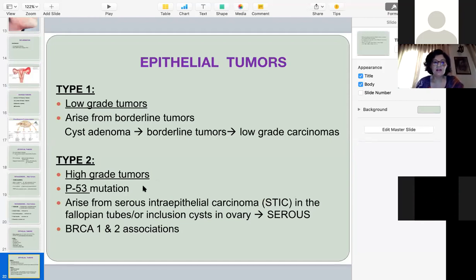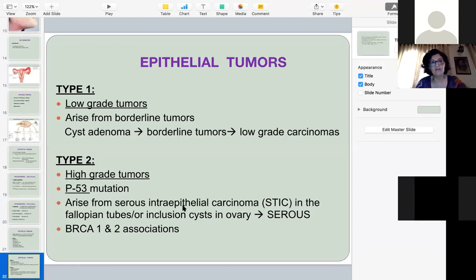This mutation occurs in the form of serous intraepithelial carcinoma, which is also called STIC, in the fallopian tubes or in the inclusion cyst in the ovary. So what happens is that either the fallopian tube lining has a P53 mutation and develops an intraepithelial carcinoma, and then these carcinoma cells shed and get incorporated on the surface of the ovary, and they develop a serous high-grade carcinoma of the ovary.